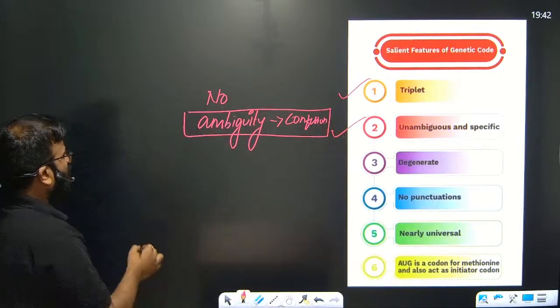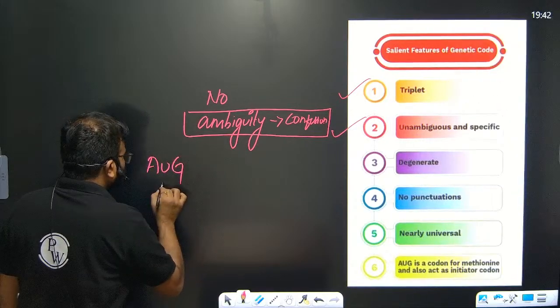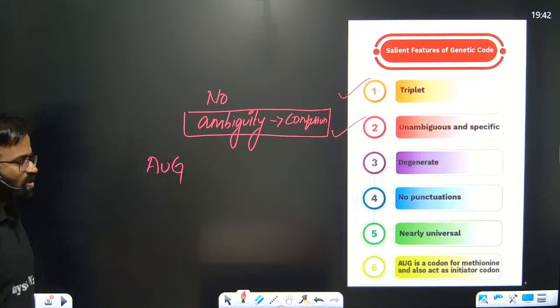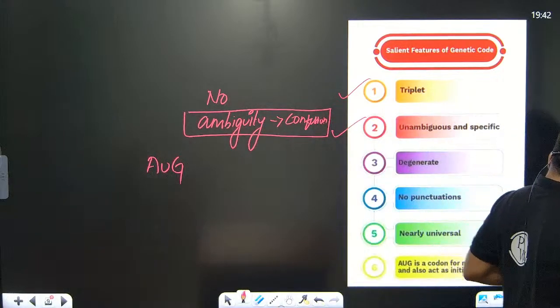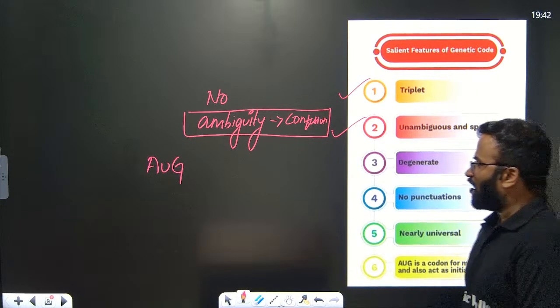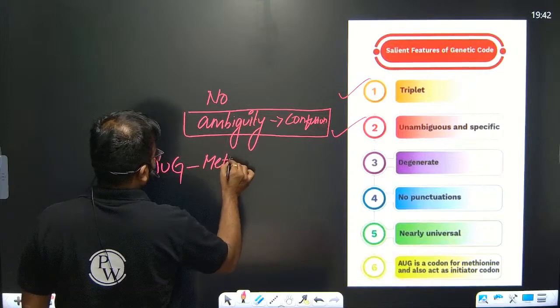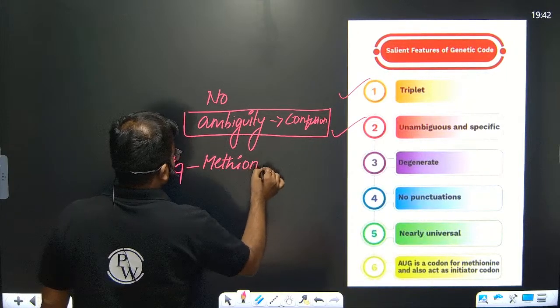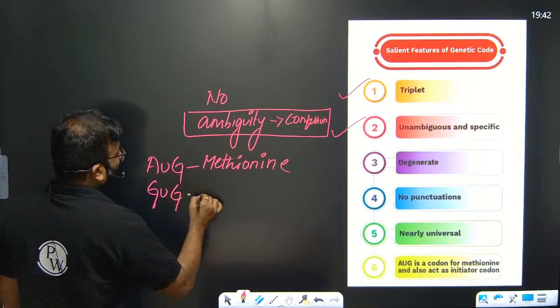Wherever AUG is there, it codes only for a particular amino acid called methionine, and GUG codes for valine.